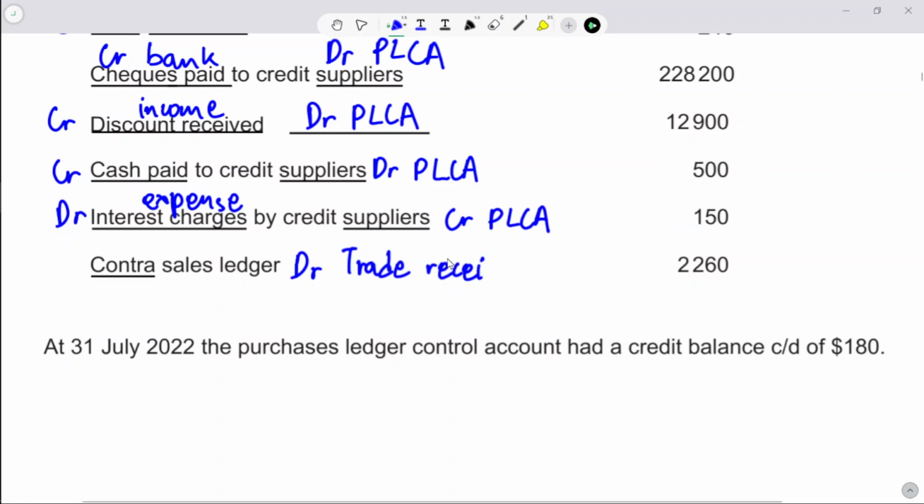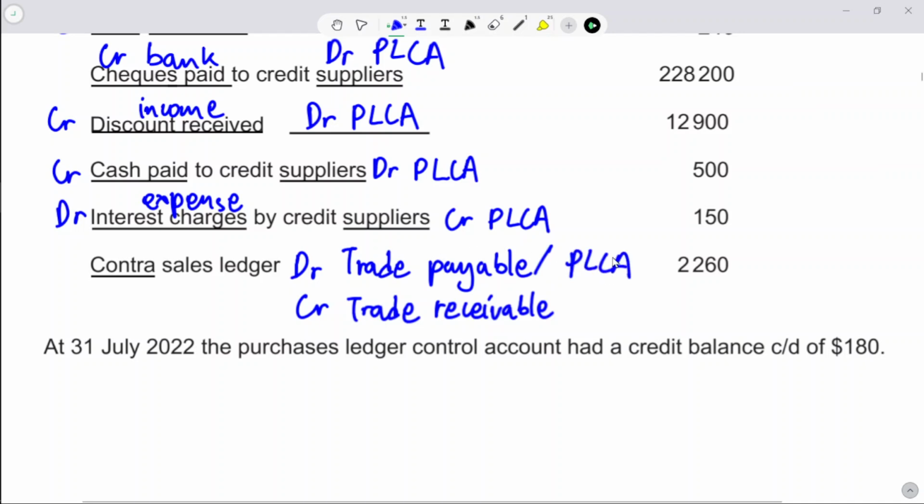Sorry. Debit trade payable. And then credit trade receivable. Okay. This one I just put, or trade payable can also say PLCA. Or this one trade receivable can also say SLCA. Okay.